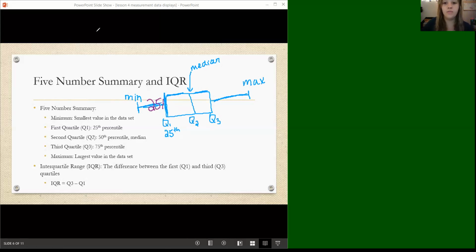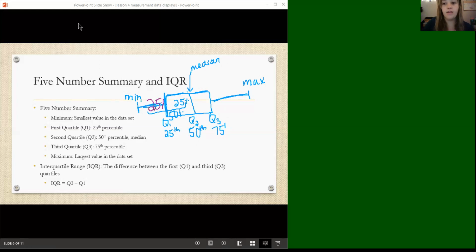And then next we have our Q2, which is going to be our 50th percentile, which makes sense because it's our median. So that's the dead center. So that means that 50% of our data lies at or below Q2. So technically, if you think about it, this is another 25%, but together, this is going to be 50%. And then Q3 is our 75th percentile. 75% of our data lies at or below Q3.